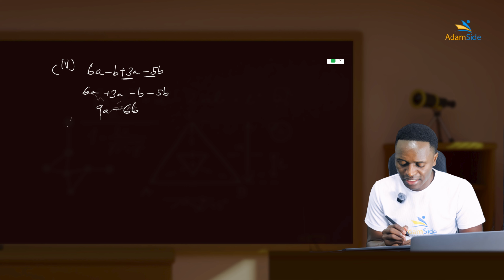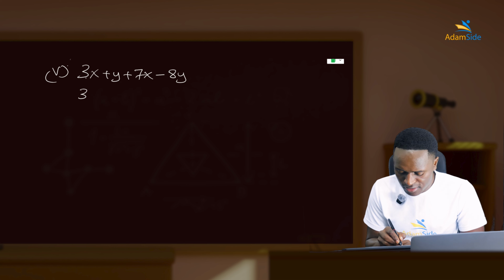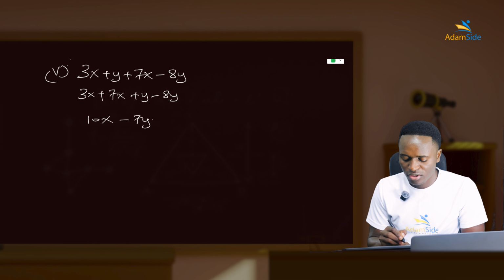This will be 9a minus 6b. What if you have 3x plus 7x plus y minus 8y? You get 10x, and y minus 8y is minus 7y. You get that answer.